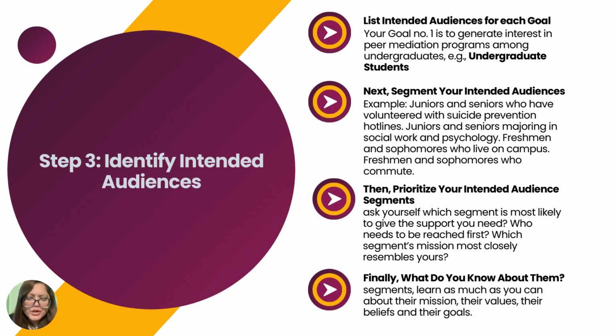For this communication goal, perhaps our intended audience are juniors or students majoring in social work and psychology, and so on and so forth. So once we segment our intended audience, we also need to prioritize our intended audience segments.